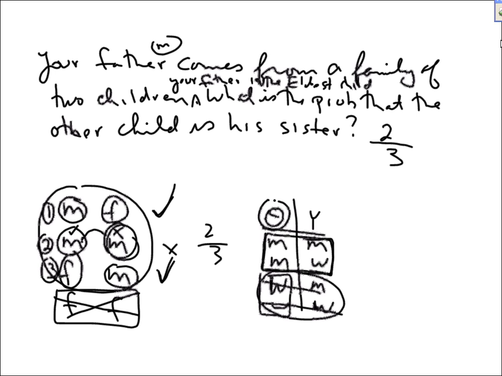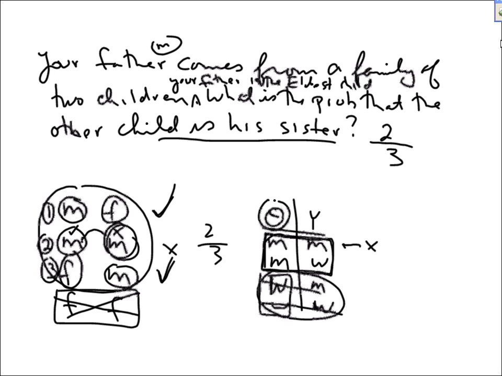The first child is a man. Well, now we want to know whether or not the other child is his sister, that is, a woman. The other child is the younger one. If you have just one sibling and you're the oldest child, well then your sibling is younger than you.